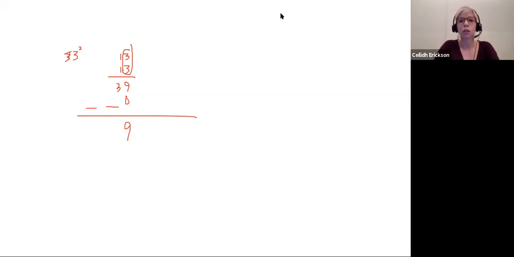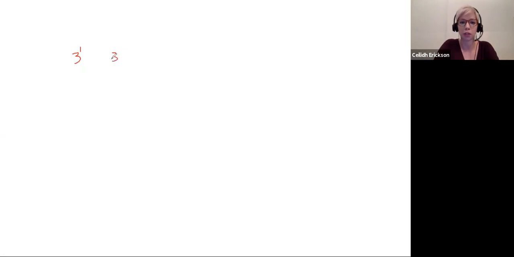So if we look at 3 to the 1, obviously, the units digit is 3. 3 squared, units digit is 9. 3 cubed, just give me the units digit of that, not the whole thing. What's the units digit of 3 cubed? 7.